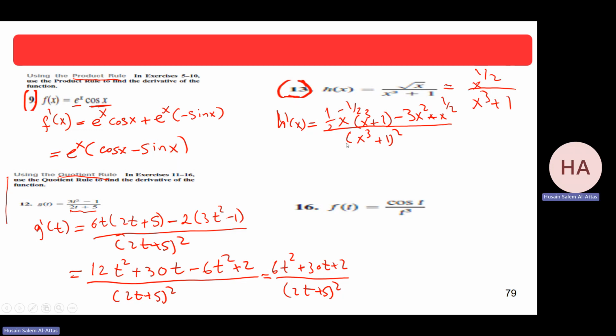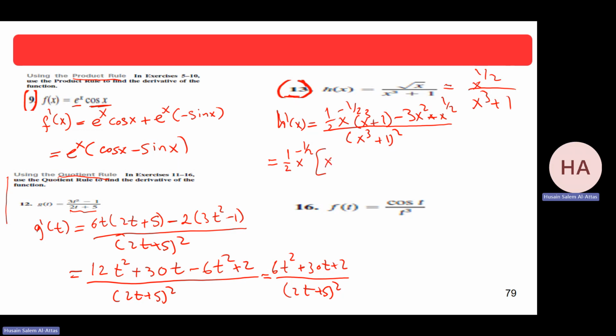Now I need to simplify this one. It will be what? Yes, I can take in the numerator, just simplify it, I can take half x to the power minus half as a common factor.